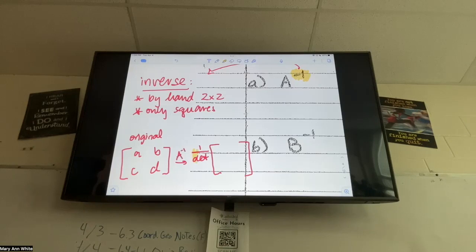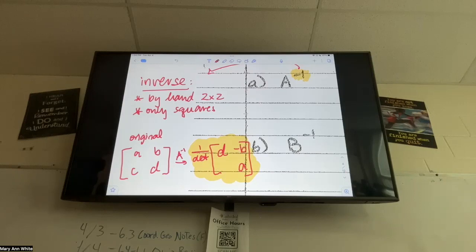Now, the scrambling is the important part, okay? So when I do the inverses, I'm gonna switch A and D. They're gonna switch spots. I'm gonna start with D and I'm gonna end with A. B and C are gonna stay in the same spot, but they're gonna go opposite signs. So if they were positive, they become negative. If they were negative, they become positive.